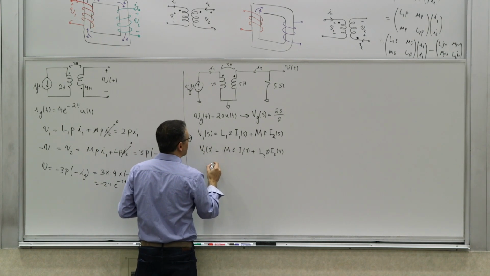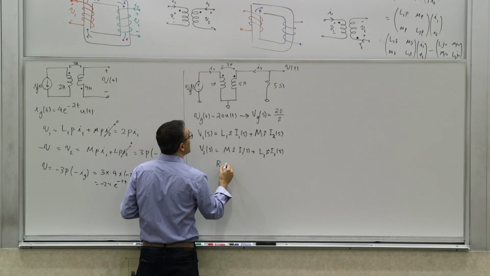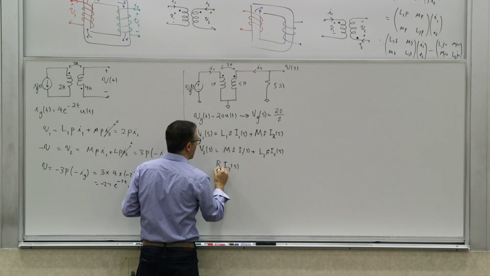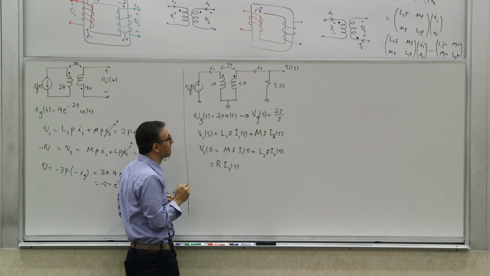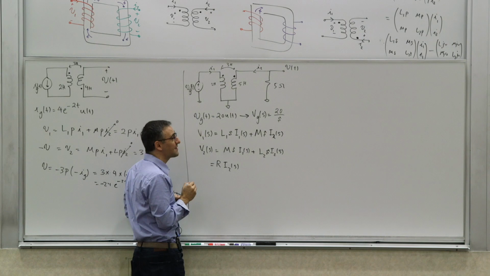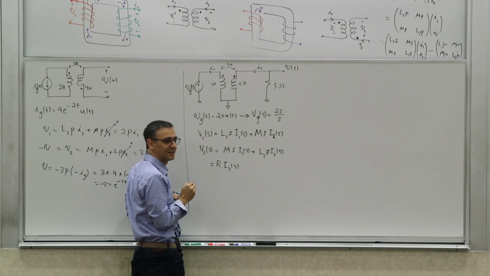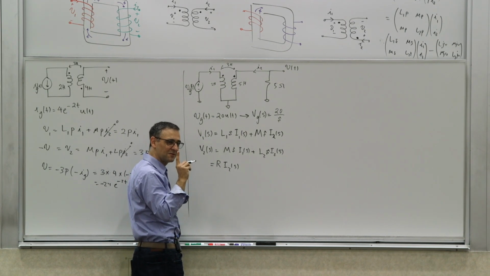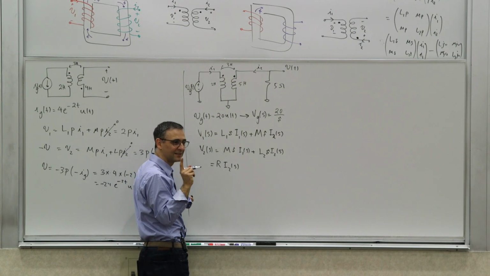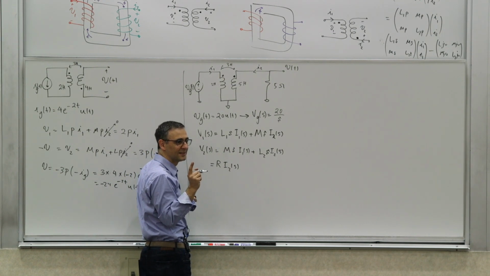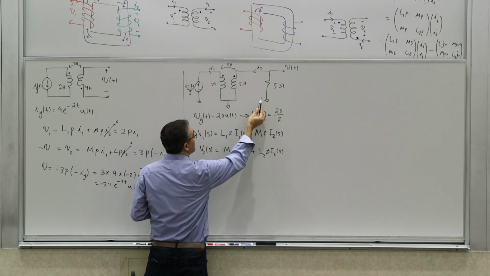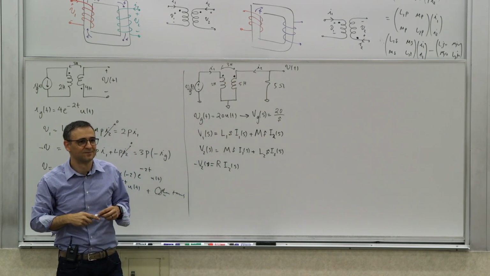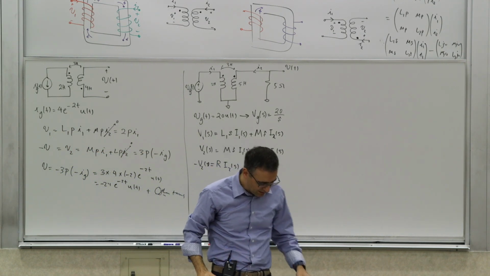So it says R times I2 of S is going to be V of S or V2 of S? Yes? No? There's a little subtlety there. Look at the direction of the current. So it would be negative V2 of S, because it's the current that's going in this direction. So you need to keep that in mind.